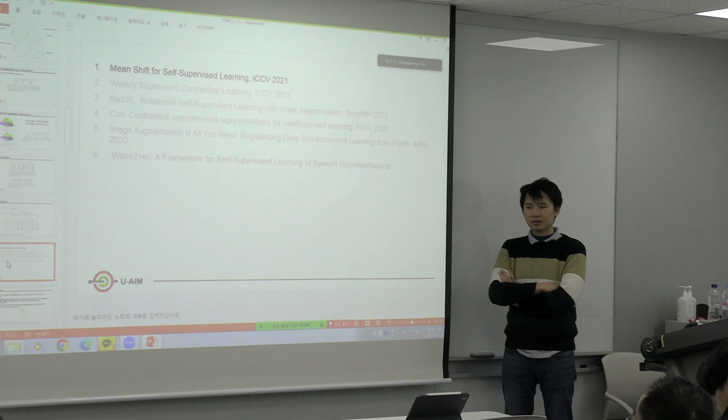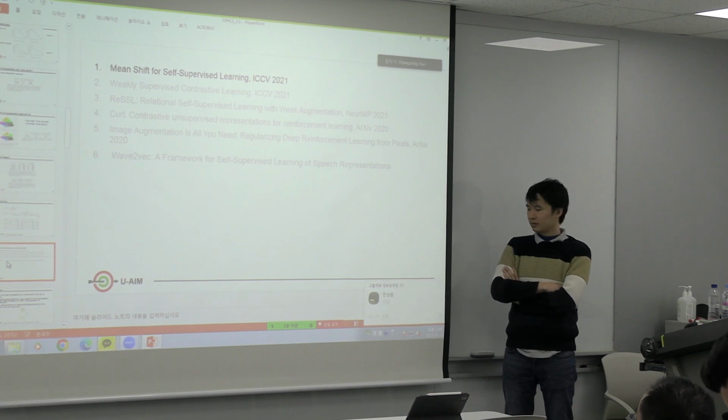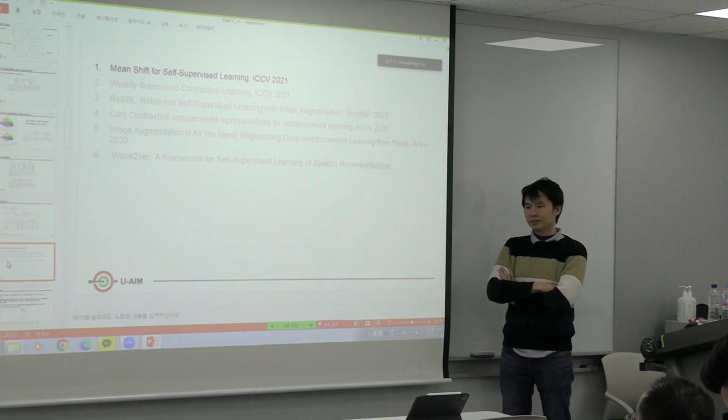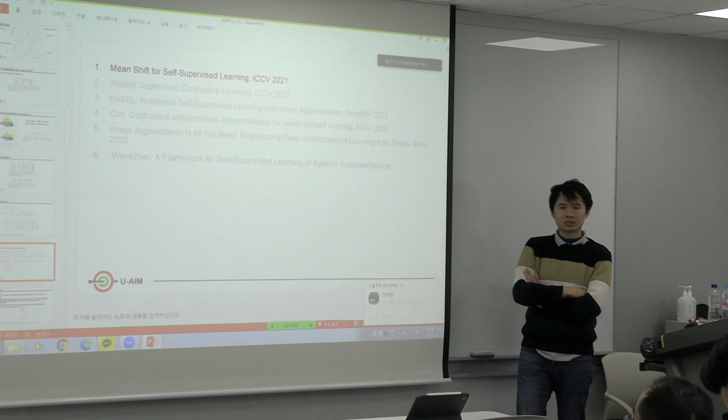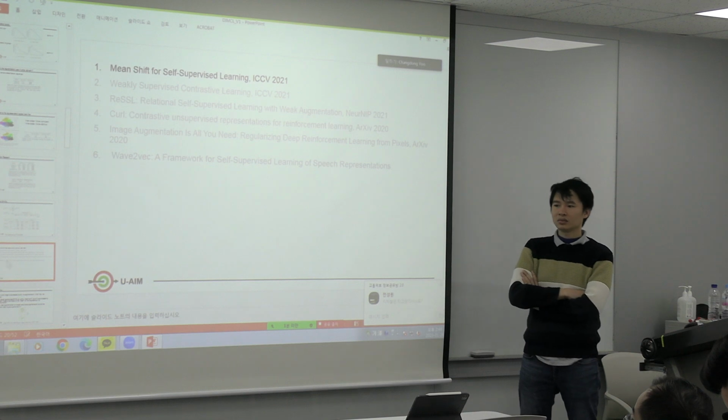Okay, and you have shown one example. I think there are many examples for images. Let's say that you have an image and you try to scramble it, and you try to figure out the order of the scramble. Or if you mask certain patches, you try to figure out what that is. There are many self-supervised techniques out there.